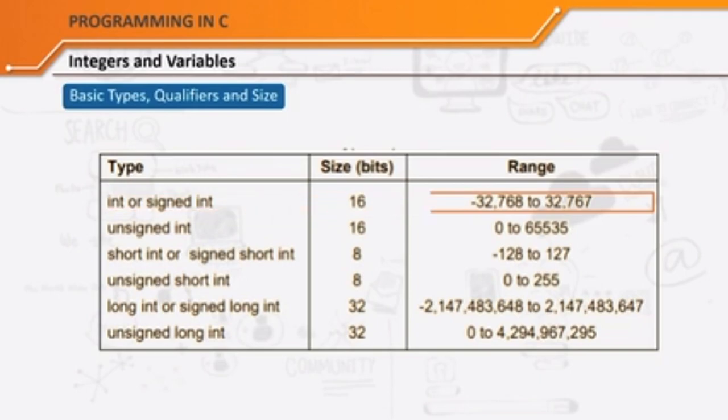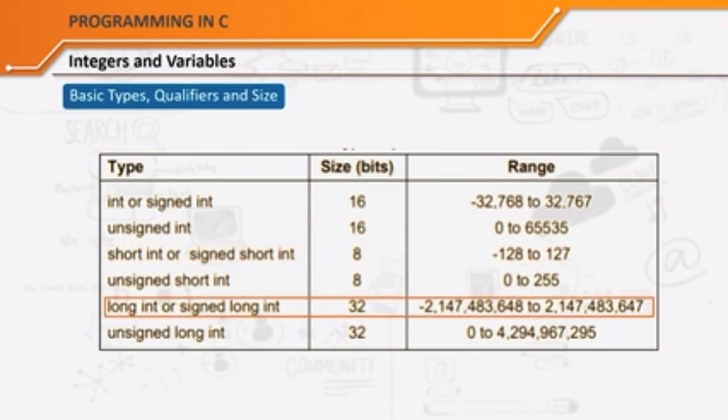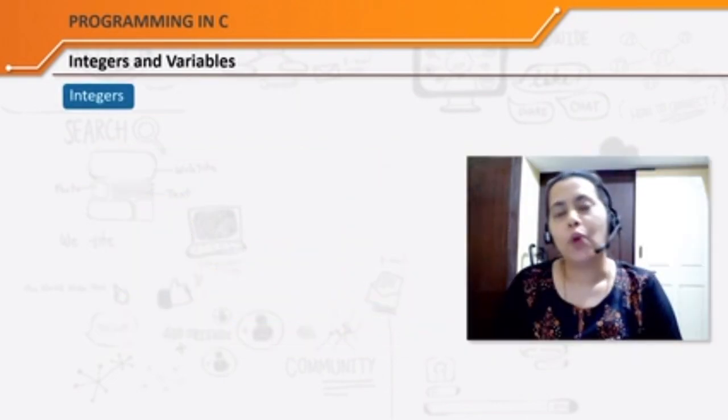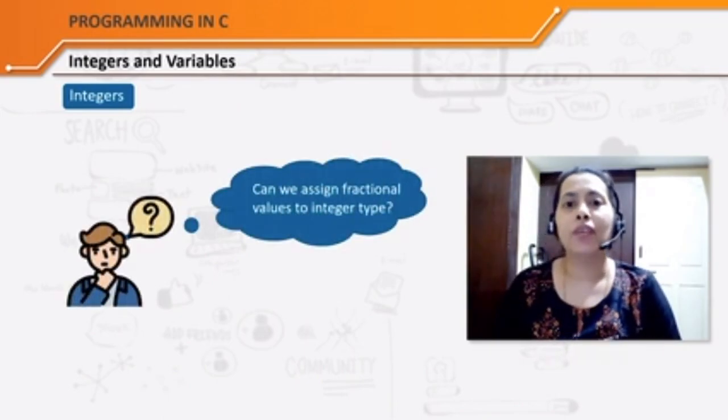The same holds good for short int, which occupies 8 bits because it will occupy lesser range of values than integer. For long int, it would be 32 bits because it will occupy higher range of values than the integer value.